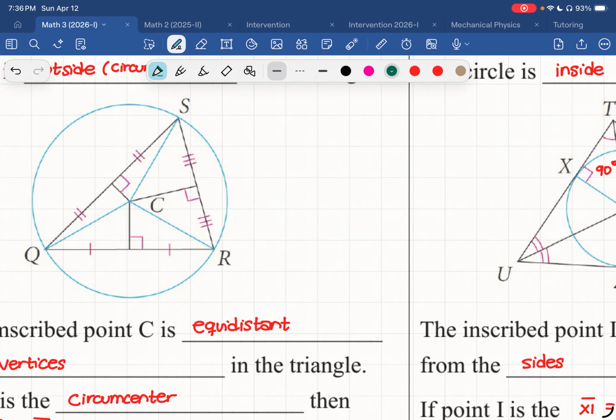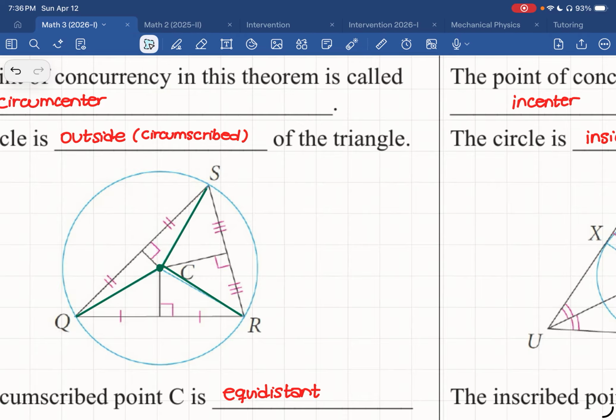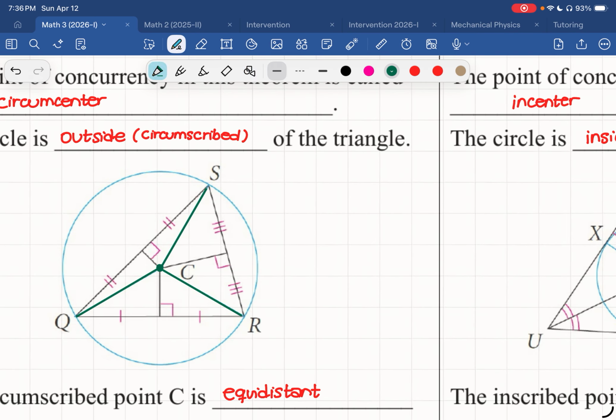So in this case, which is called the circumcenter, these lines are the same. I'm just gonna put them in another color so you don't get confused. Okay, hold on, let me fix this a little. So what I'm saying here is these three distances are the same.